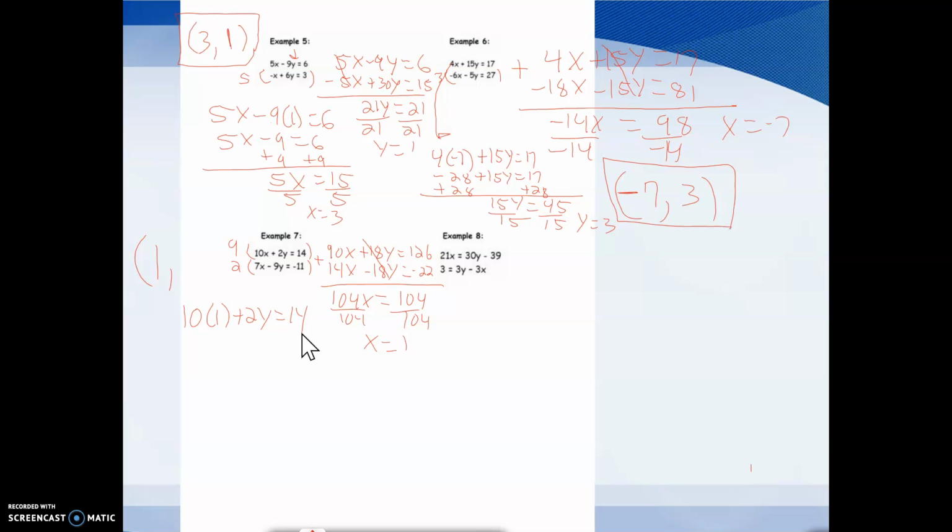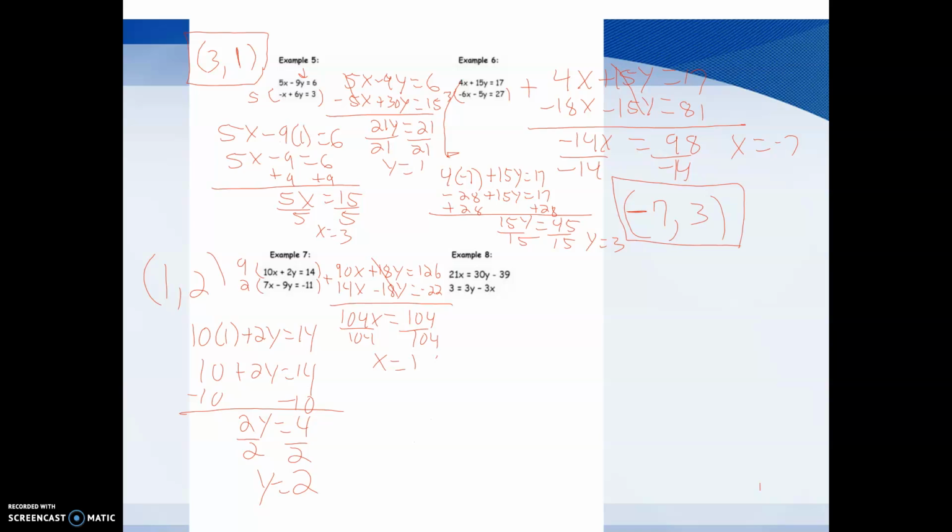So then I've got 10 plus 2y equals 14. Subtract 10. And then we get 2y equals 4. Divide by 2. And y is 2. There's my ordered pair. All right, my last one.